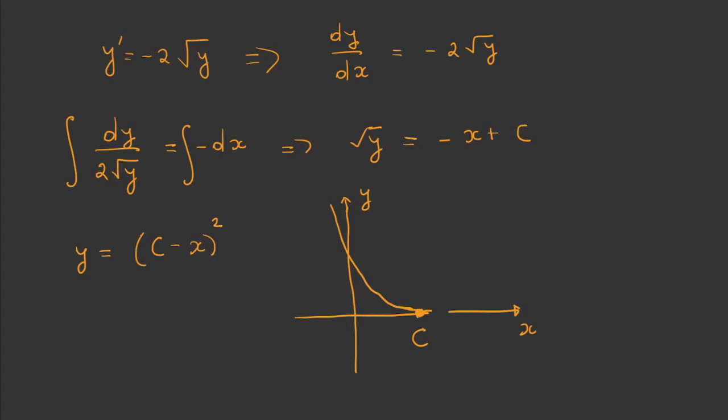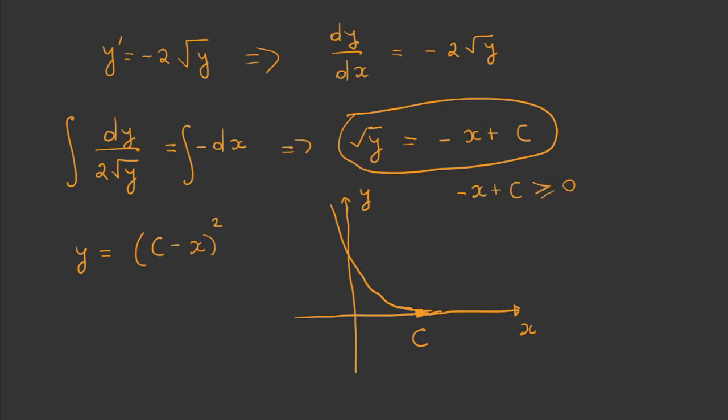Why is that? Well, if we go back to this equation here, square root of y equals negative x plus c, note that square root of y on the left-hand side cannot take negative values. Therefore, the right-hand side also cannot be negative. And so we find that negative x plus c has to be greater than or equal to 0.